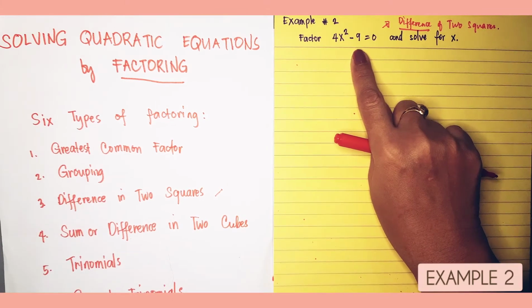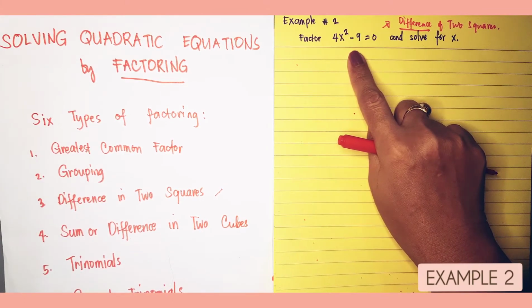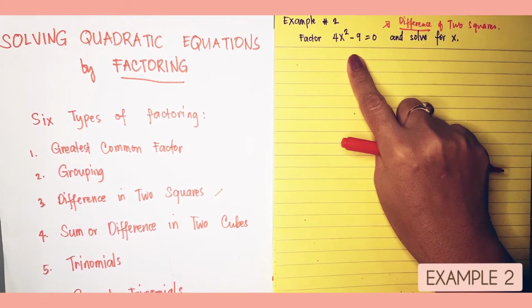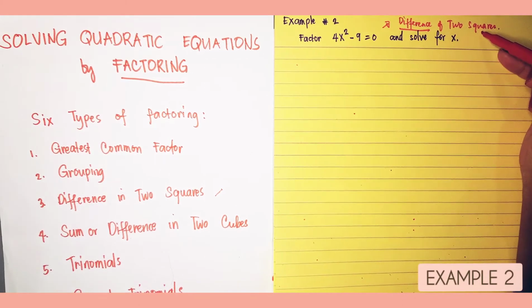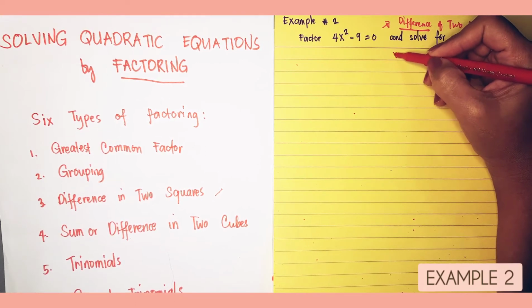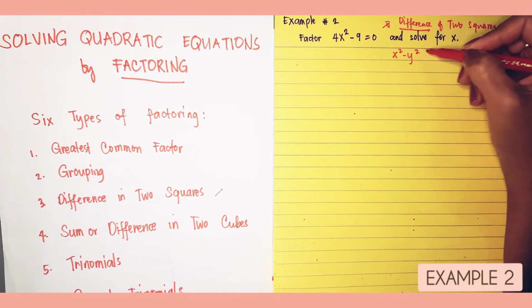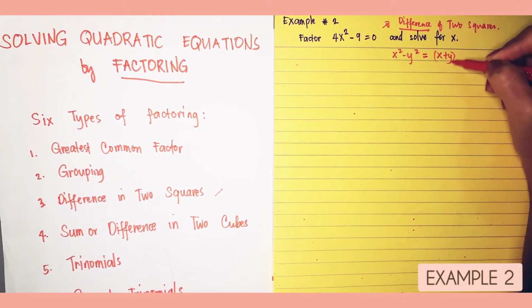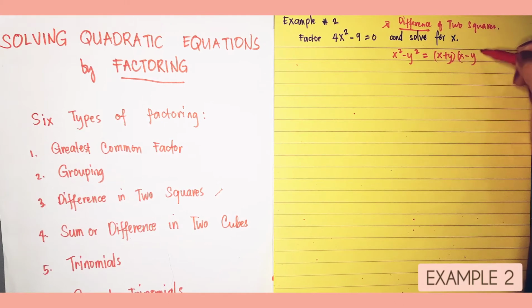Now, it is necessary to identify the type of factoring you can use, because from that idea, it would be easy for you also to give the factors. Because when we factor the difference of two squares, we simply follow the pattern of x squared minus y squared equals x plus y, x minus y.